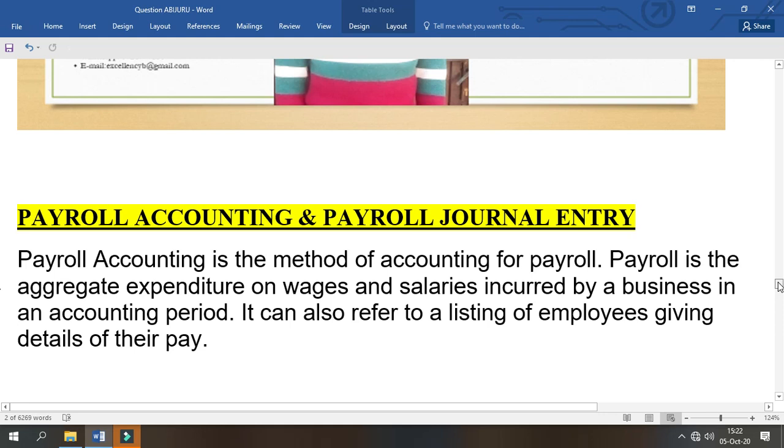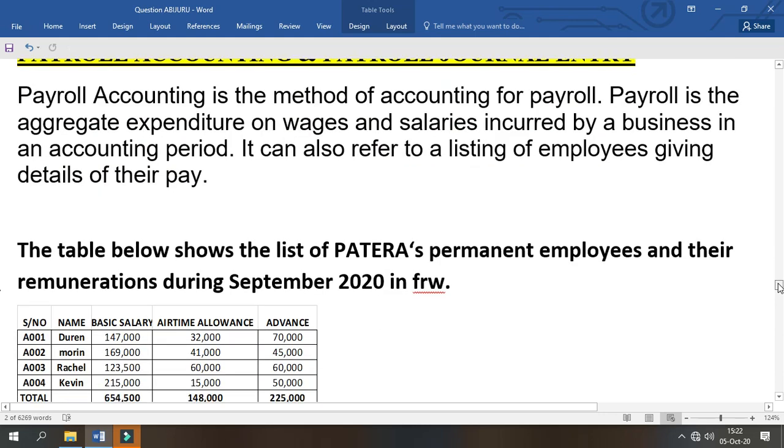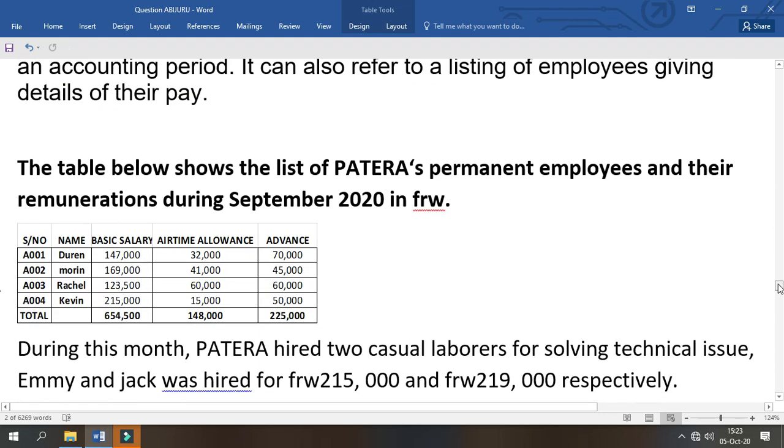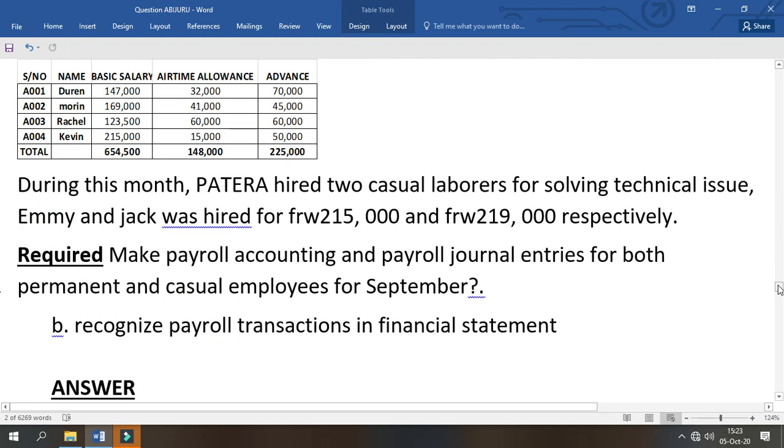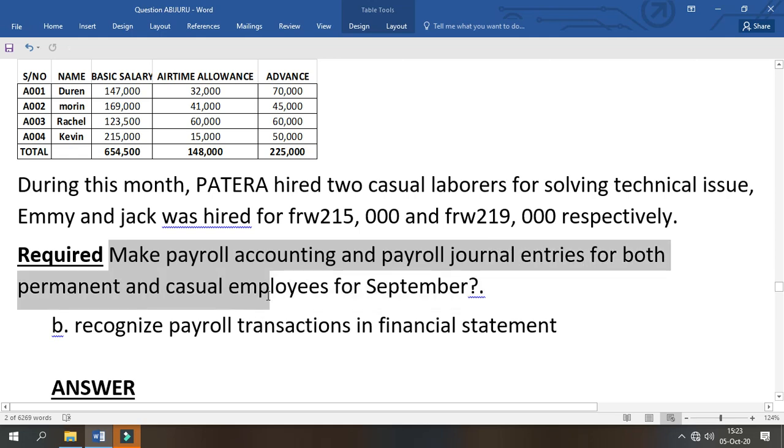So in the last session you have seen what payroll accounting is, you have read the question and understood what it is asking. In simple terms, this question asks to make a payroll accounting and payroll journal entries for both permanent and casual employees for September.